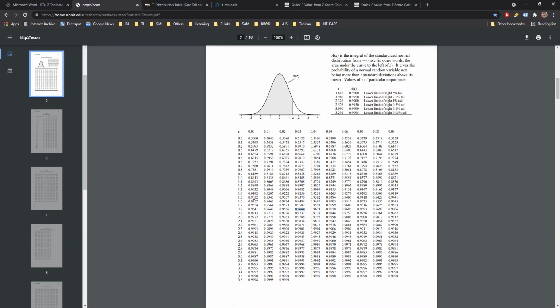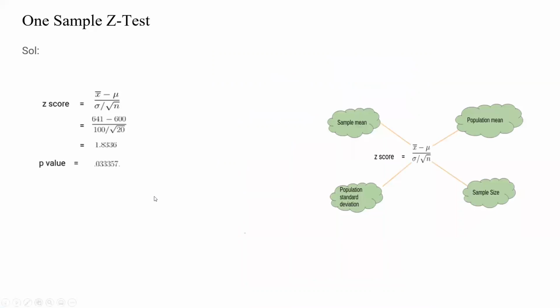Coming back to our presentation, once we compute 1 minus that value, we will get the p-value as something like this. So that is one way we can do the p-value calculation, using the statistics tables.